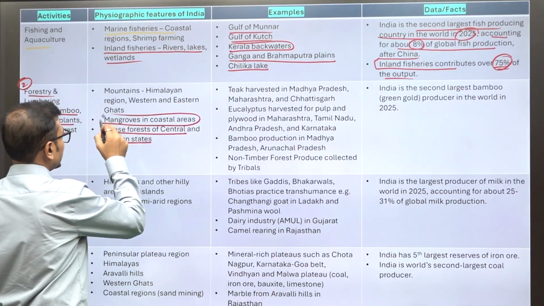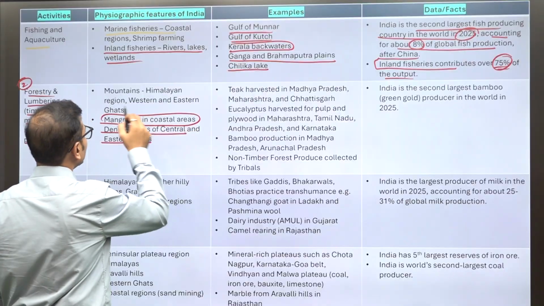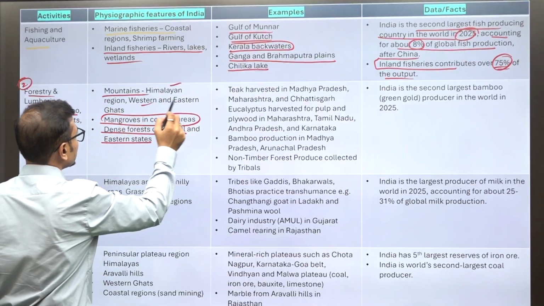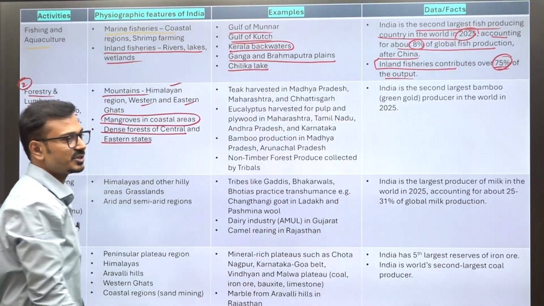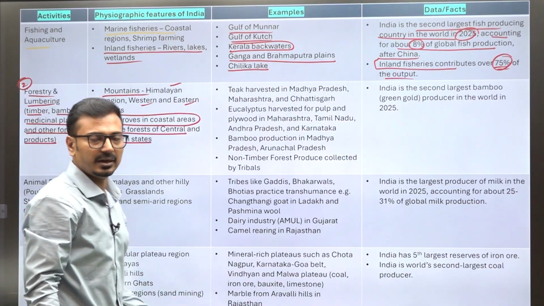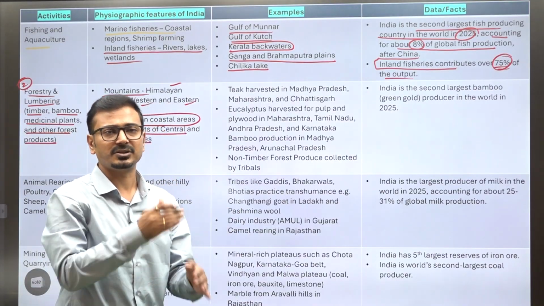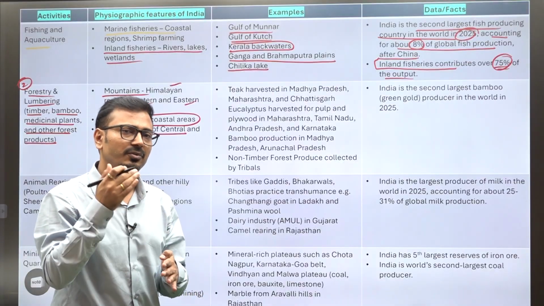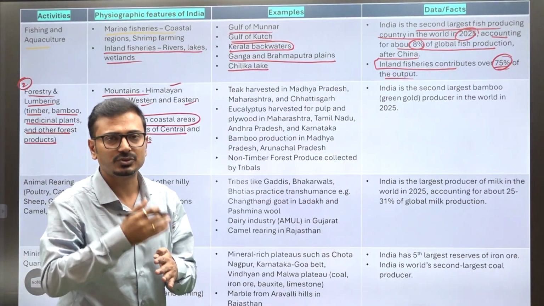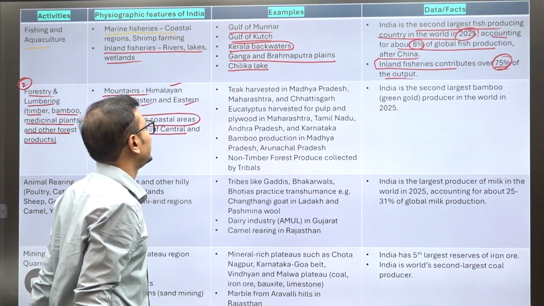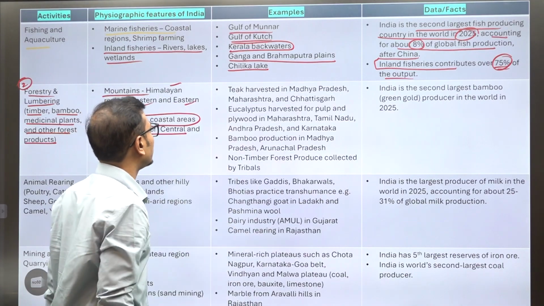Mangroves in coastal areas, we can give the example of Sundarbans. Then mountains, Himalayas, Western Ghats, Eastern Ghats. So they are forested areas which give different kinds of products, like food, fuel, fertilizer and fruits, flowers. All these are basically 5 Fs or 6 Fs that we talk about.